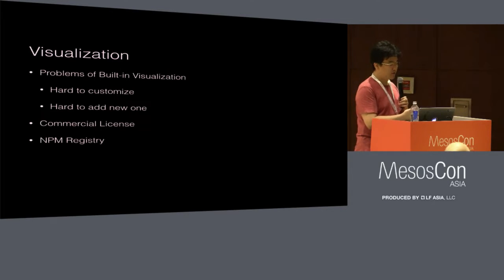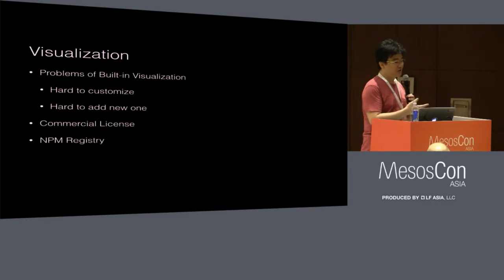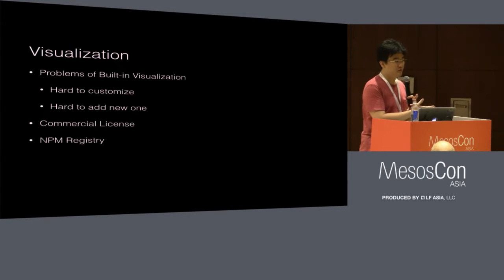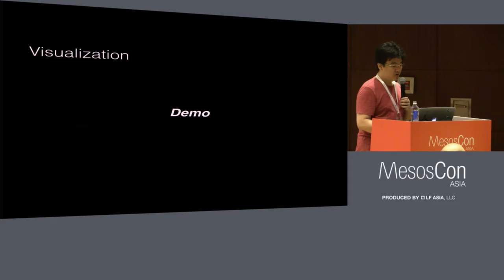Actually, the Zeppelin web app is very complicated. So it also avoids the commercial license issue because it's not included in the Zeppelin source code. If you have a commercial license, you can use the commercial license library by adding your custom visualization through Helium, and it also uses the npm registry.